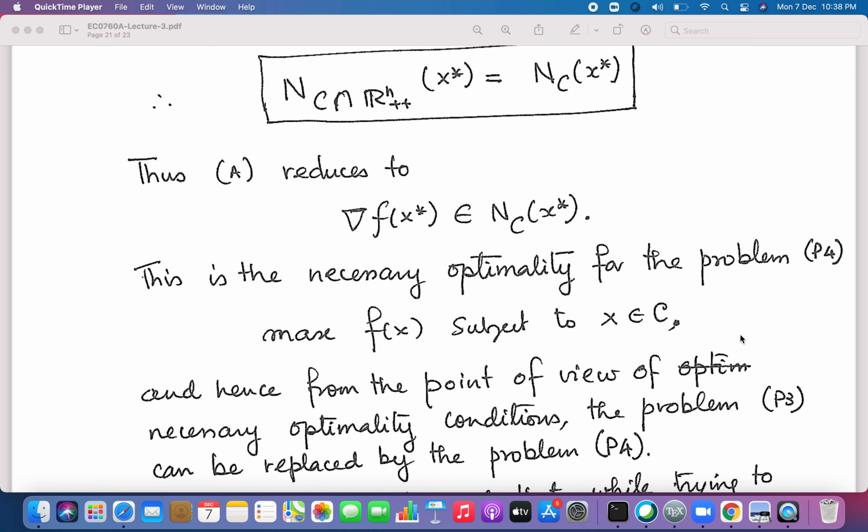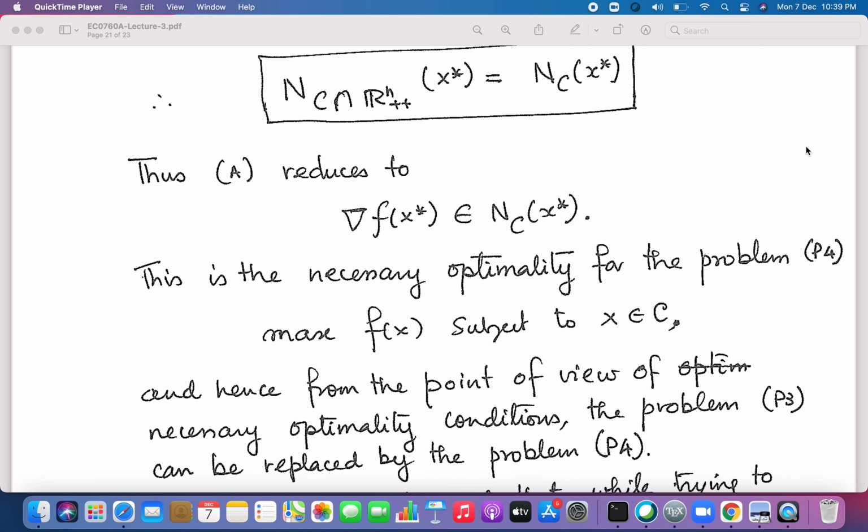If you have an open set, you can definitely forget about it, because of whatever discussions we made here. So if your final feasible set is the intersection of a closed set C and an open set, then you can actually forget about the open set completely.